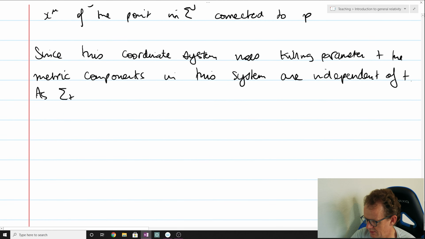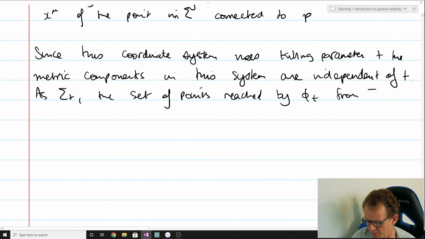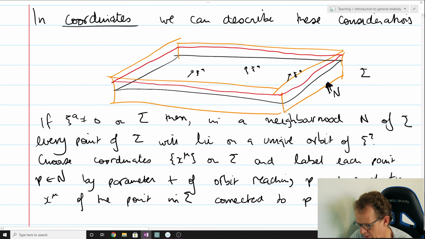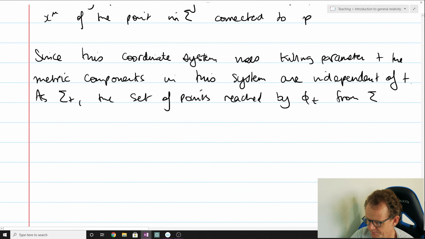And as sigma t, which is the set of points reached by phi t from sigma, so I'm going to draw sigma t now. Sigma t is like another hypersurface, right? Every point in sigma t is just the image of sigma under phi of t.